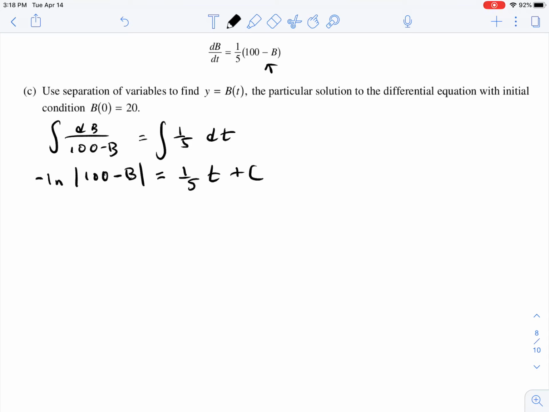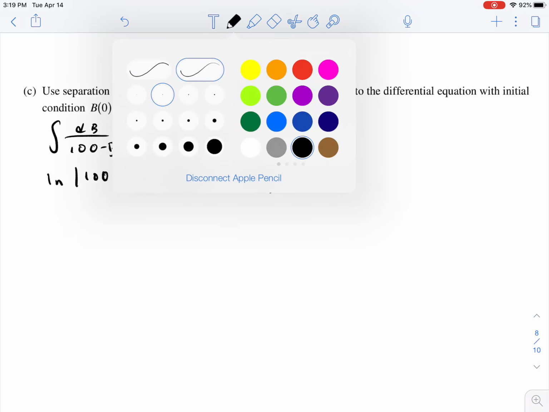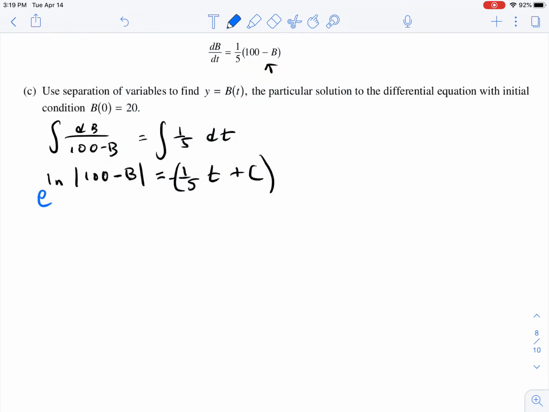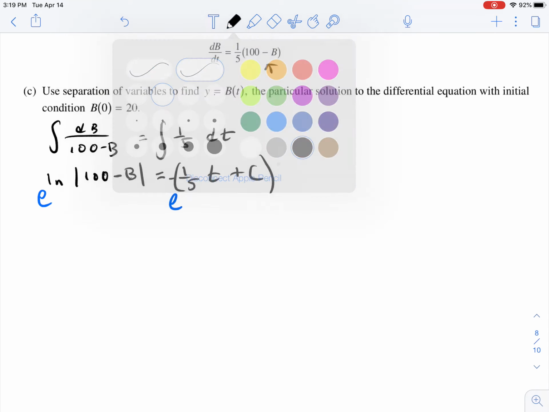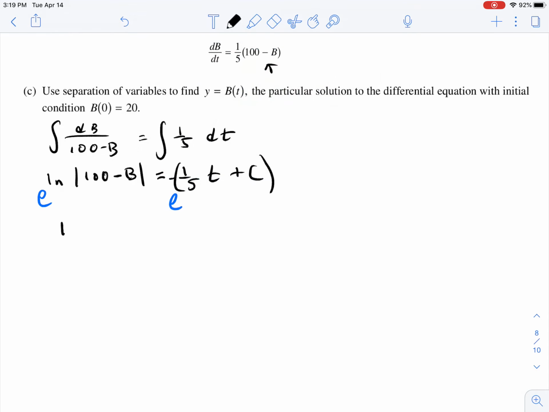I'm going to move that negative over so that I'm not dealing with a negative ln. And then I'm going to exponentiate all that. So we're just going to do this, negative of all of that. And from here, I am going to now exponentiate both sides. And that's going to give me 100.